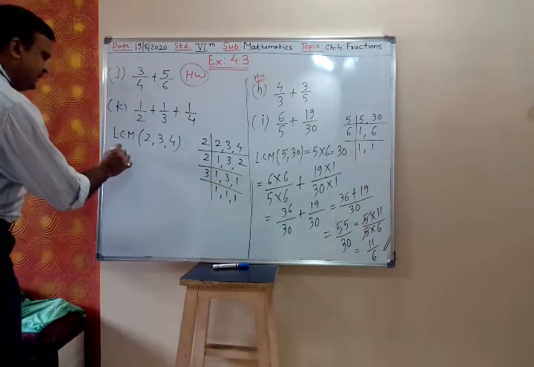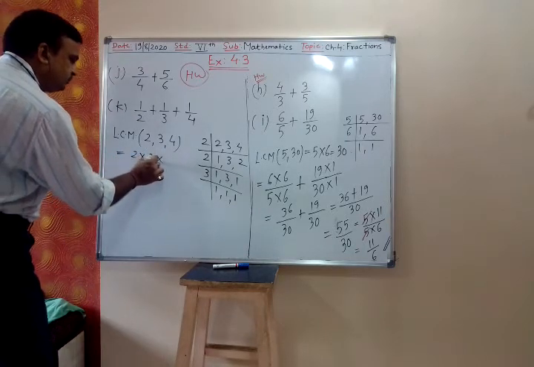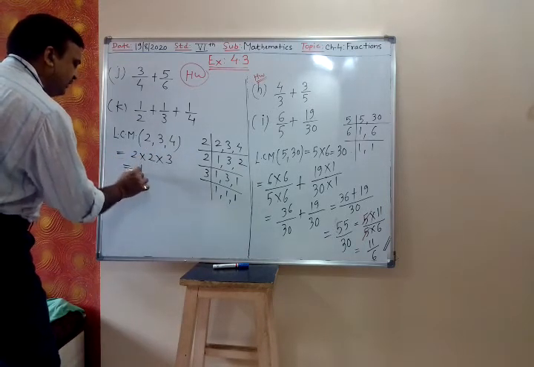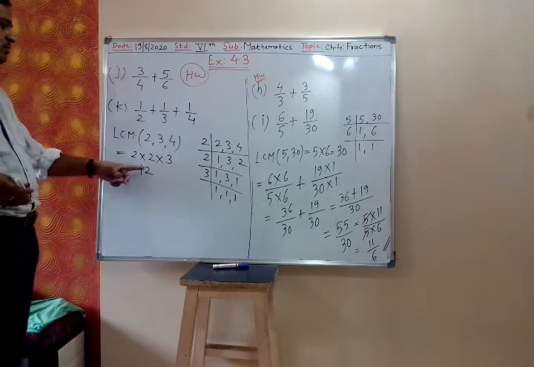So LCM of denominators 2, 3, 4 is 2 into 2 into 3. LCM is 12, remember.